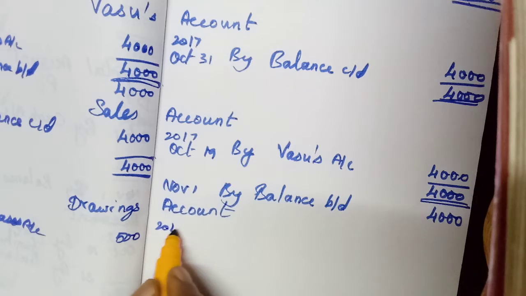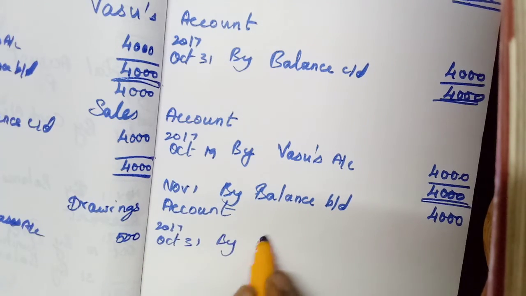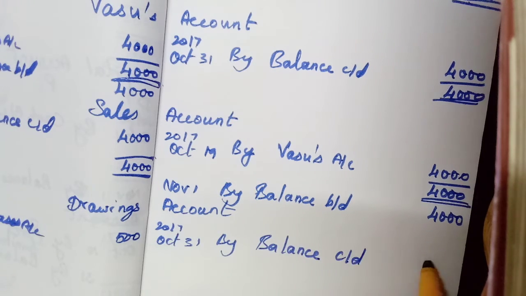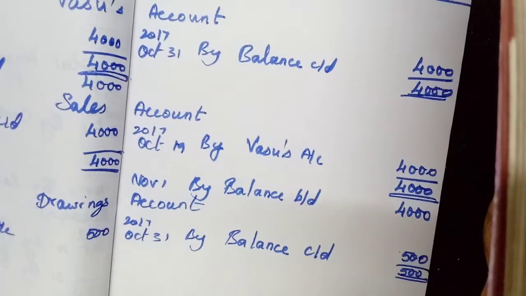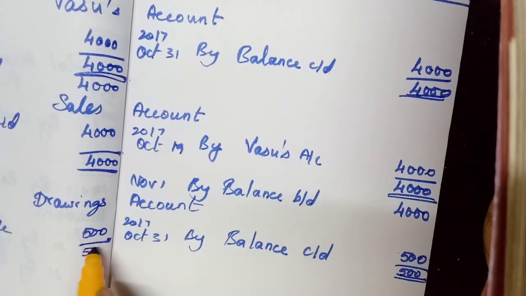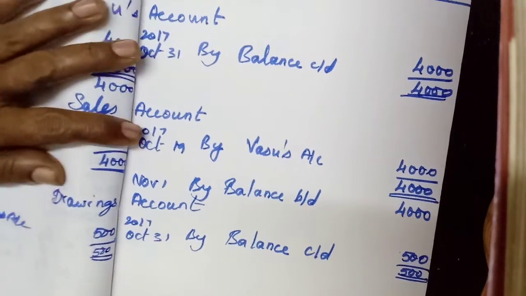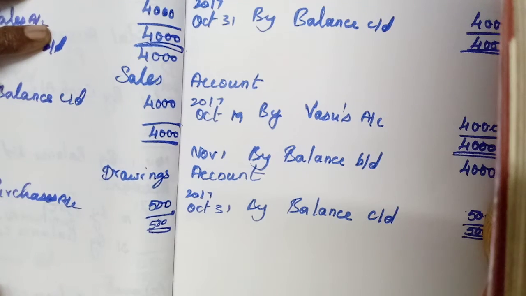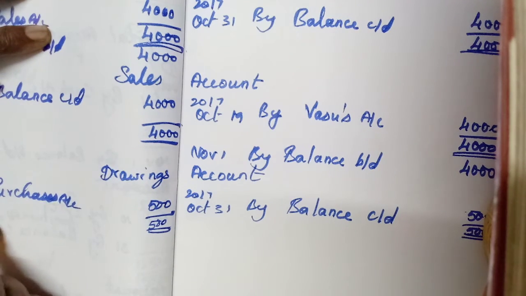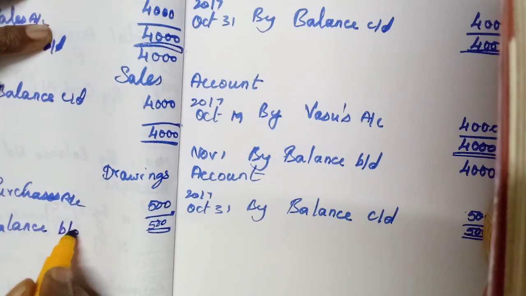So write on the credit side. Balance 31 by balance carry down 500. Write the total 500. Here also 500. Then drawings opening balance November 1 to balance brought down.